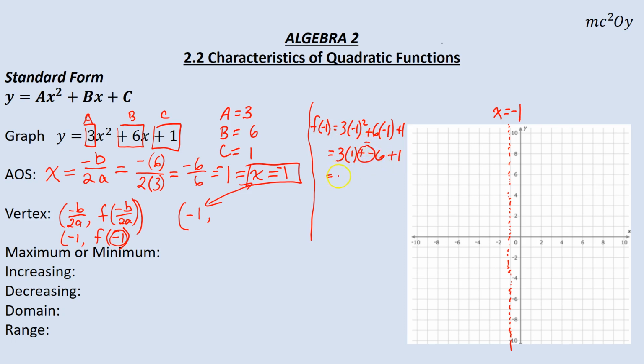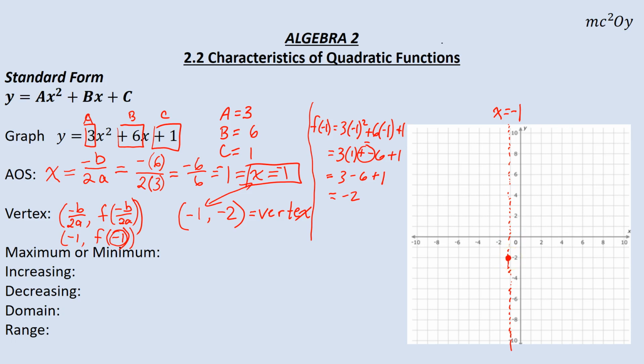So we have 3 minus 6 plus 1, also known as negative 3 plus 1, or we have negative 2. Okay? And so f of negative 1 is negative 2. So my vertex is negative 1, negative 2. And so I can go ahead now and go to negative 1 and negative 2 on y and plot a point.